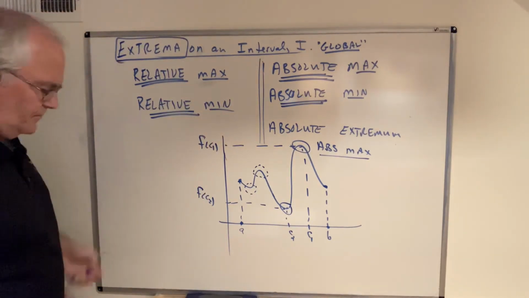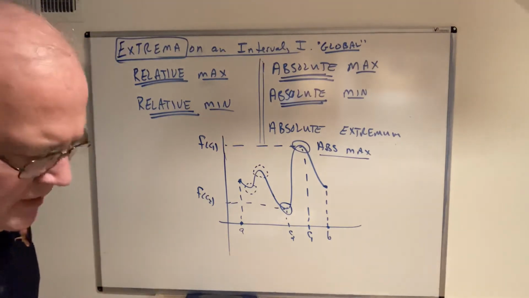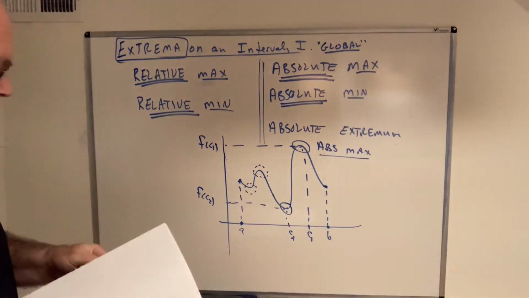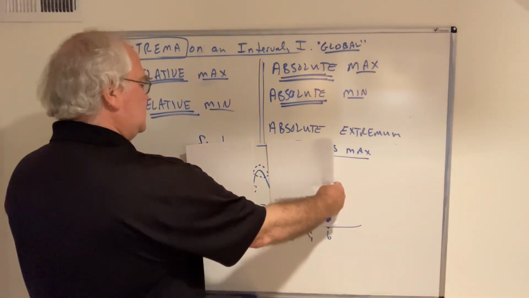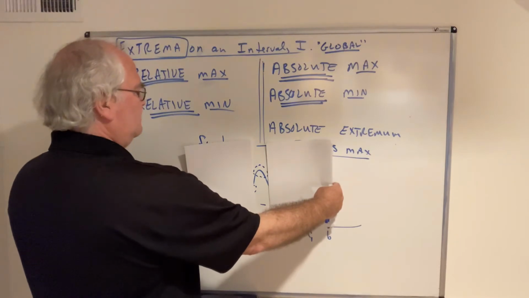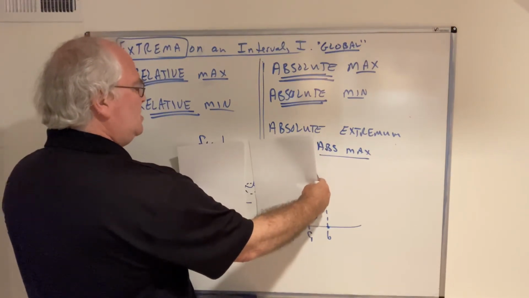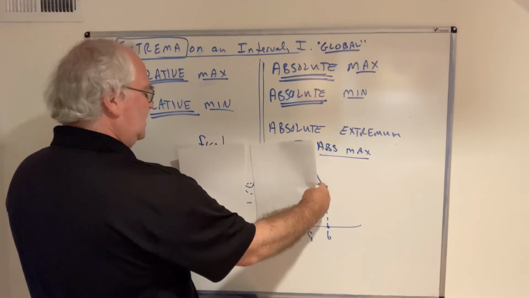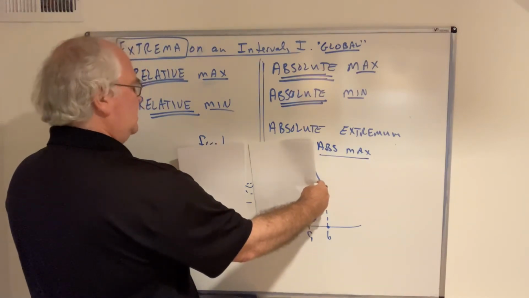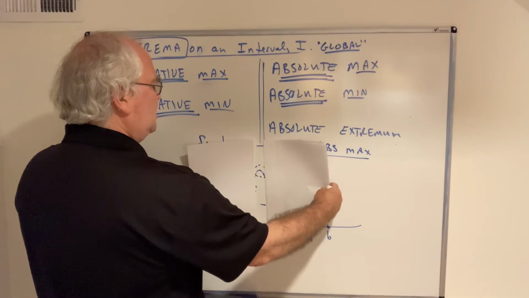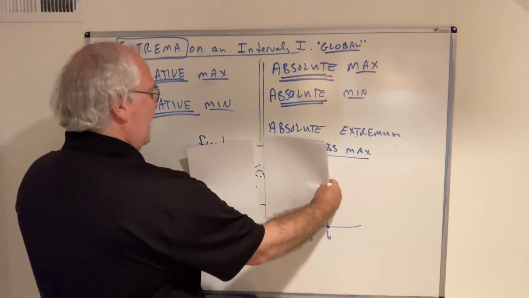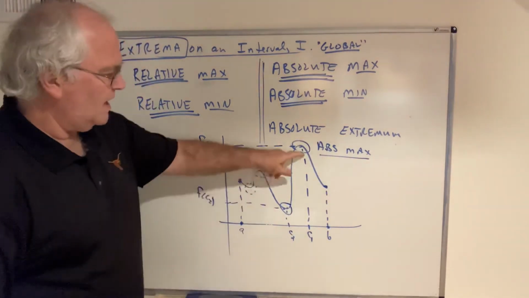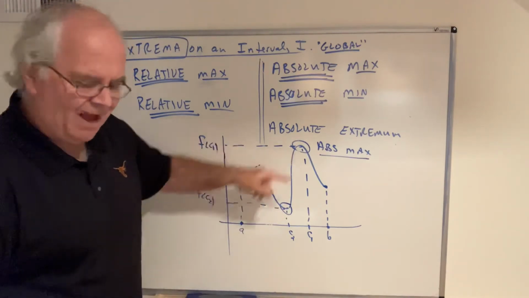Relative means, well, if you only look here, relative to just this piece of the picture, that's the maximum. If you only look here, if you limit your scope to just that little region, then this is the minimum. If you limit your scope just to that region, that's the maximum. So this is a relative minimum. This is a relative maximum. But this and this is the absolute minimum, the absolute maximum.